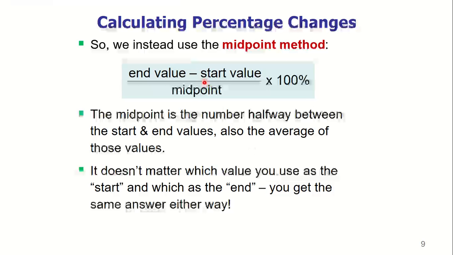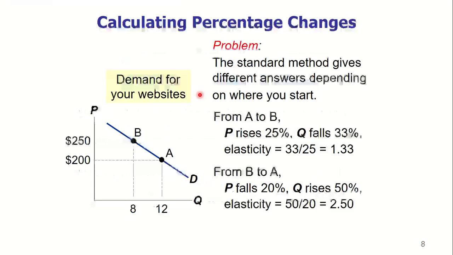The midpoint is the number halfway between the start and end values, the average of those values essentially. If you remember in our previous example where the start value was 200 here and the end value was 250, then the midpoint will be 225.